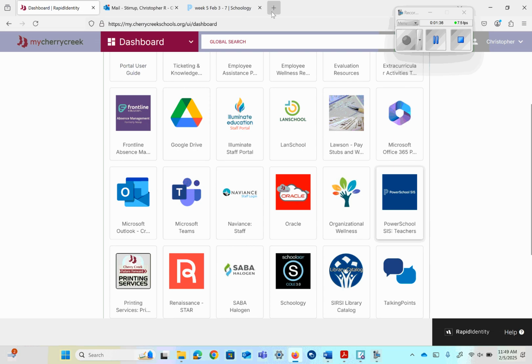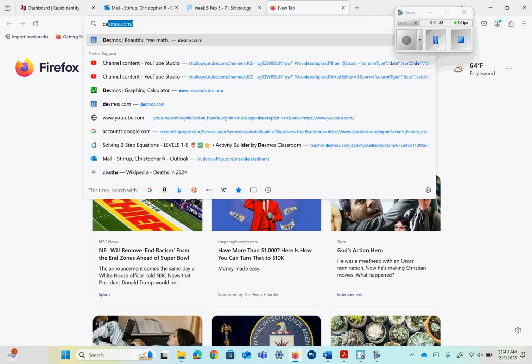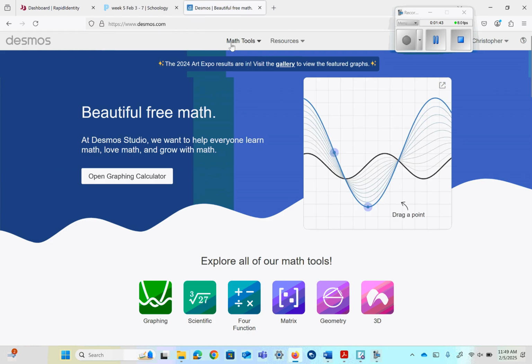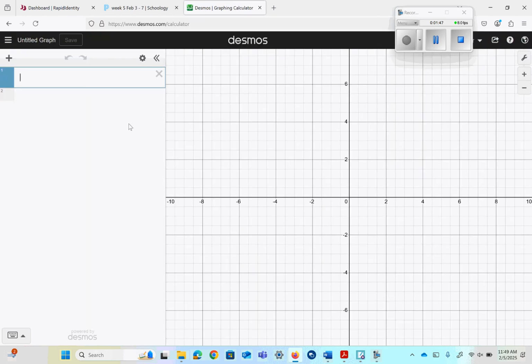Desmos, where's it at? Not here. So Y equals X squared plus 100.